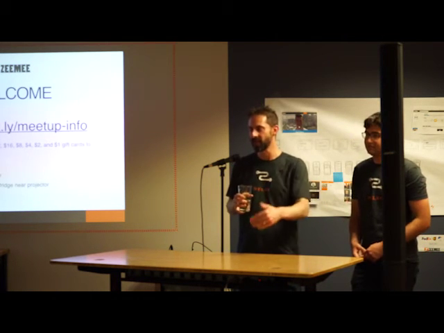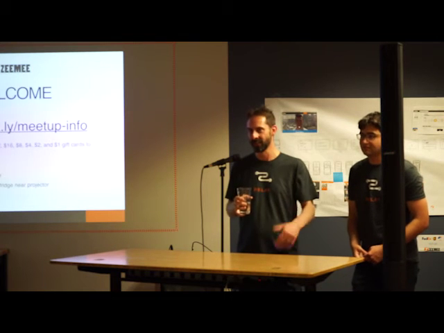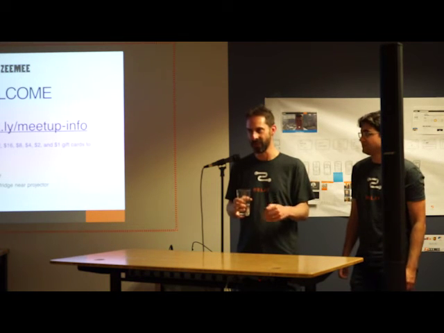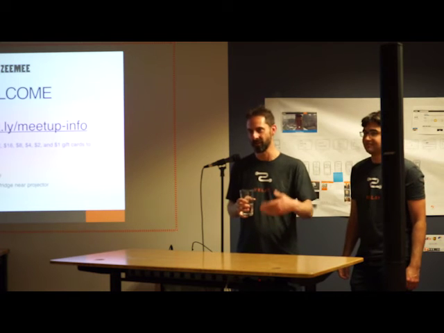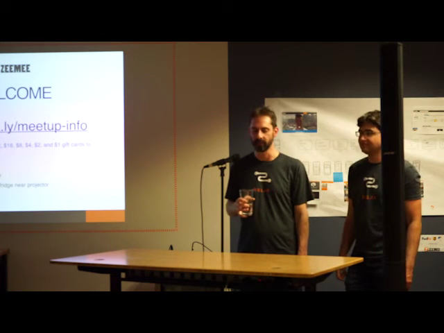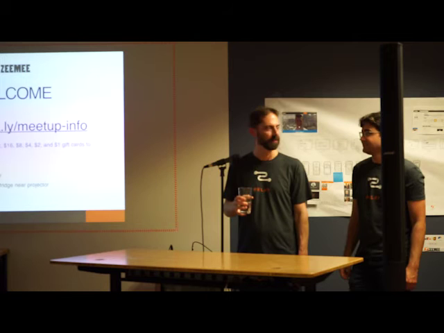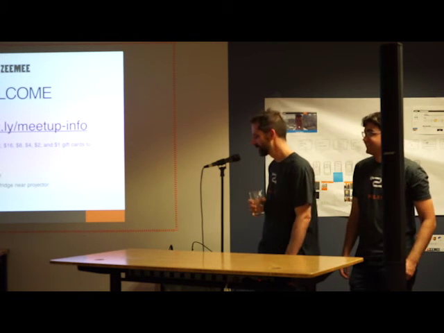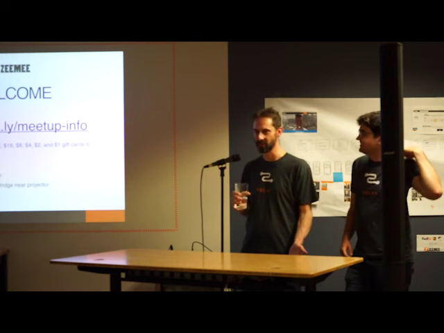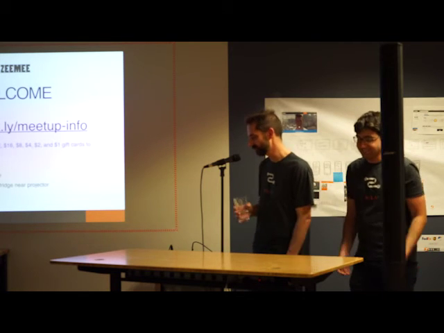Especially with the example I gave before: if somebody unfriends you, that means you shouldn't be able to see their stuff right now, not a few minutes from now. And as you know, cache invalidation is the hardest problem in computer science.